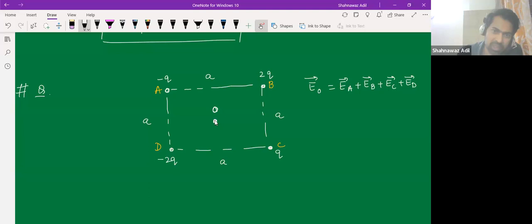Towards A or away from? What would be the direction of the electric field? This is attractive, right?